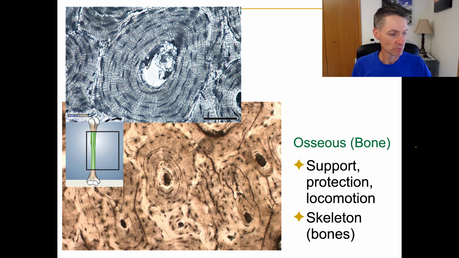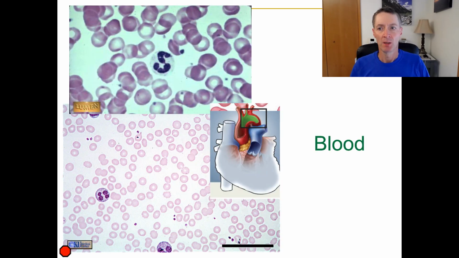Okay. Last but not least, among our connective tissues, we have a rather interesting and unique one, the blood. Okay, the blood, believe it or not, is a connective tissue. However, it is a liquid form, right?